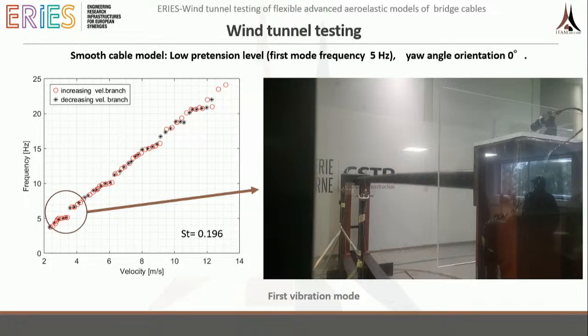The Strouhal number here in this case was 0.196, and it was a smooth cable for the yaw angle 0. You can see that we really identified 4 eigenfrequencies. This was the first mode.